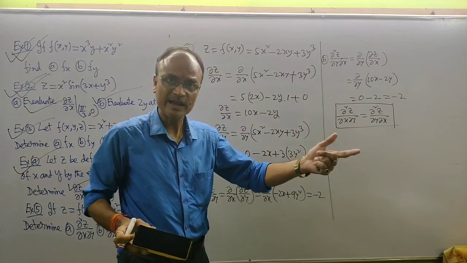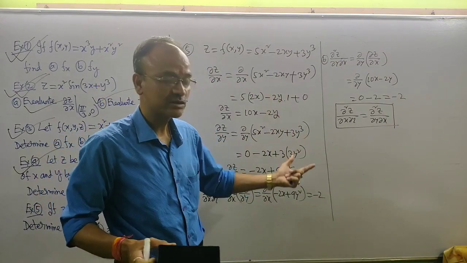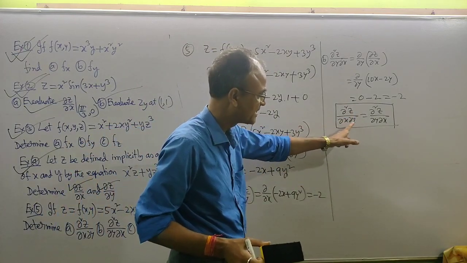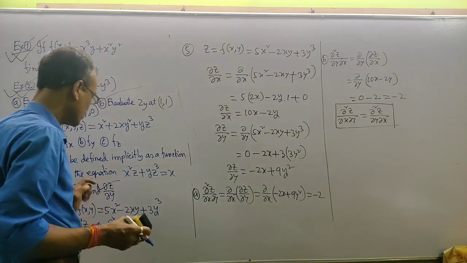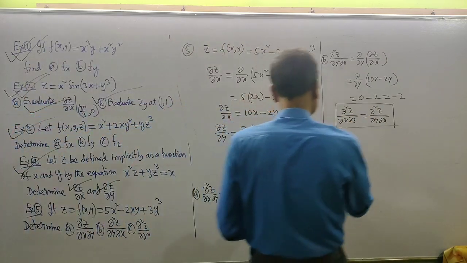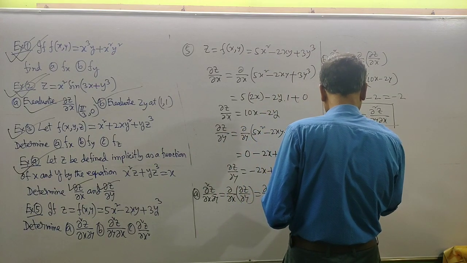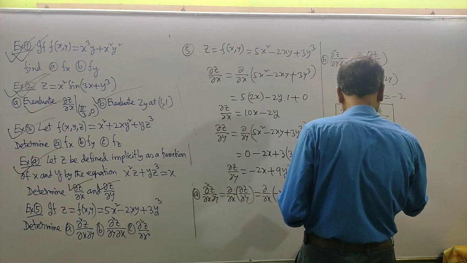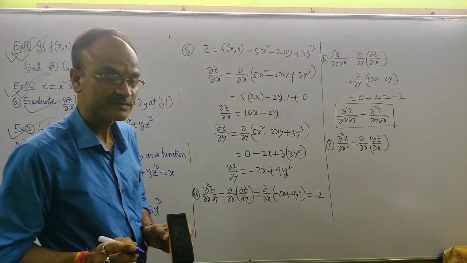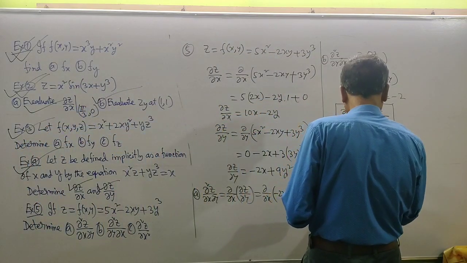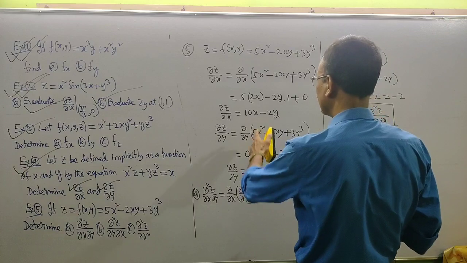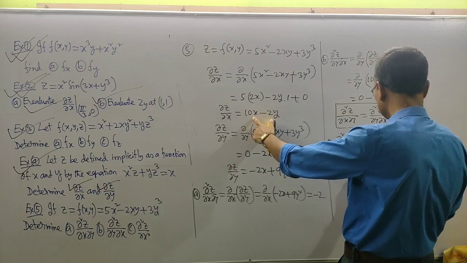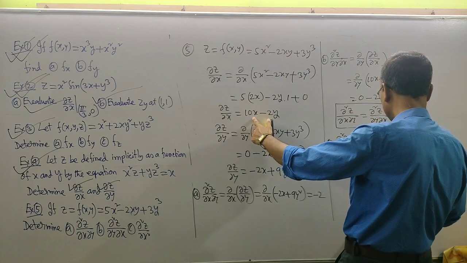Suppose u is a function f of x and y, it is continuous and its partial derivatives are also continuous, then you will always get del 2z by del x del y equal to del 2z by del y del x. Now part C: del 2z by del x square equals del x of del z by del x, which is del x of 10x minus twice y.